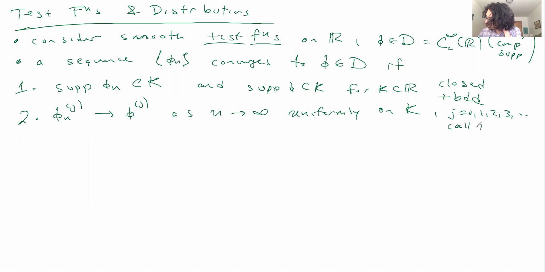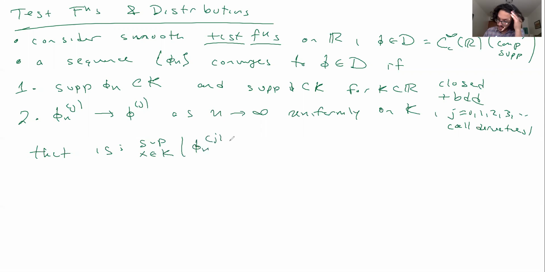So basically all derivatives. All right. Another way of saying that is that the supremum over x in K of the absolute value of phi n^(j)(x) minus phi^(j)(x) goes to 0 as n goes to infinity. Okay, so that's test functions, right?